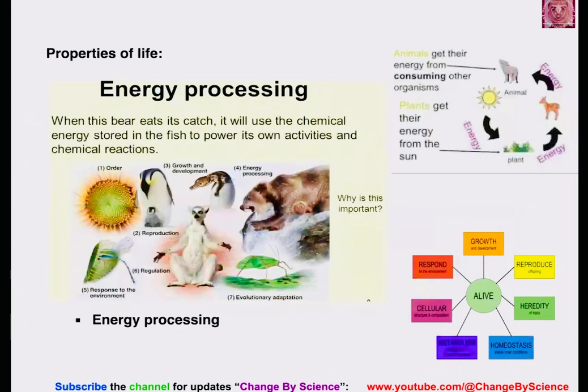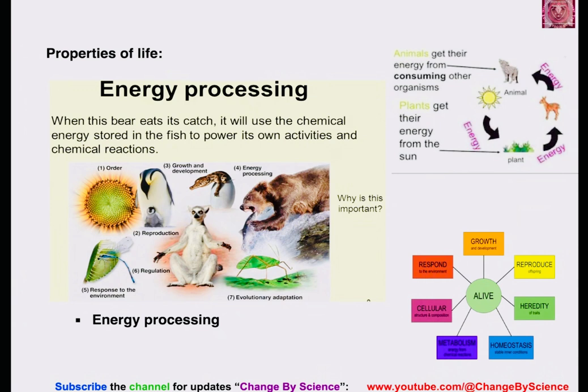Now, energy processing. When you think about energy, it's similar to what you see in any machine. Similarly, you can see it in living organisms.